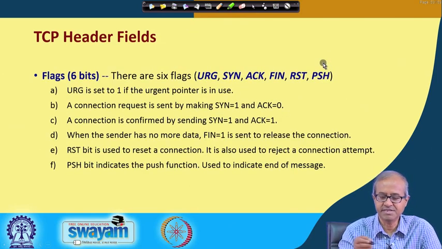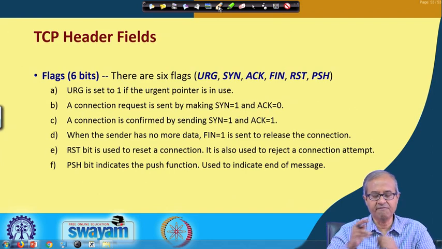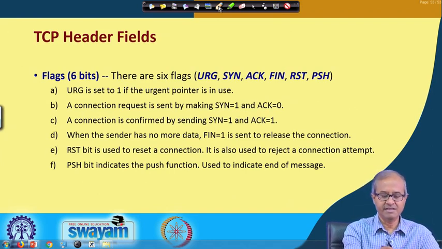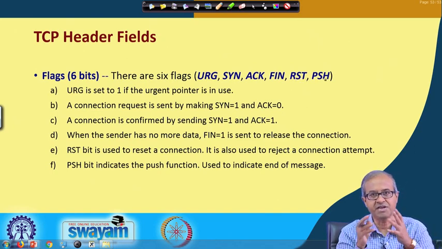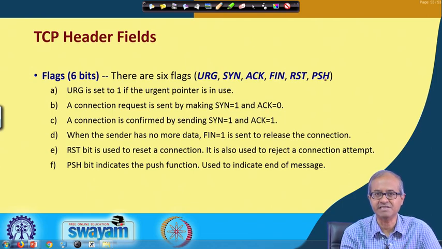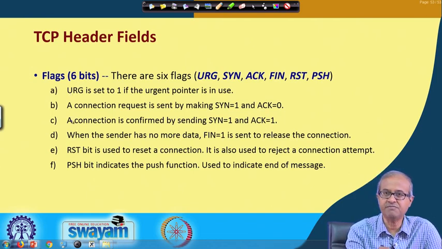Well, these are interesting. There are several flags in the flag field in TCP. There are in fact 6 flags: urgent, SYN, ACK, FIN for finish, reset and push. They are used in combination for various reasons. The 6 of the most important reasons are mentioned here.